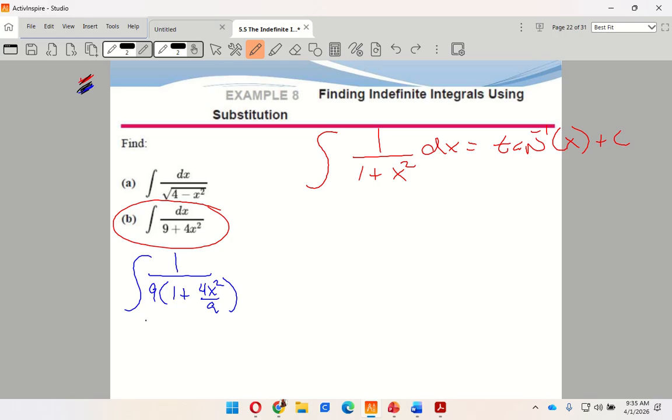So I'm going to have 1 over 9, 1 plus, now, 2x over 3 squared. It's almost there.